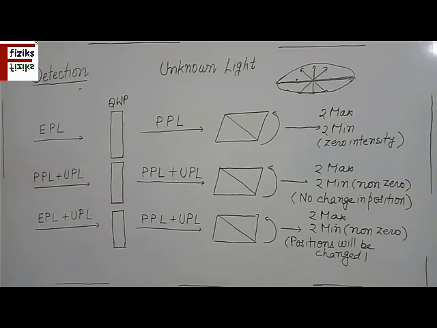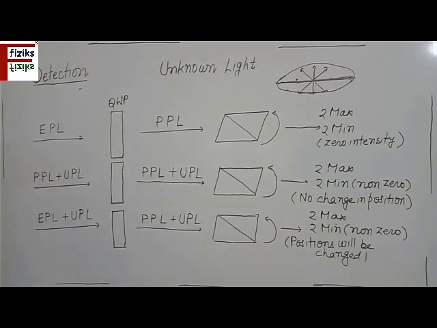So we can have three possibilities: one is EPL, another is PPL plus UPL, and the third is EPL plus UPL. To find out which polarization is present in the unknown light, we will pass our unknown light through a combination of a quarter wave plate and the rotating Nicol.